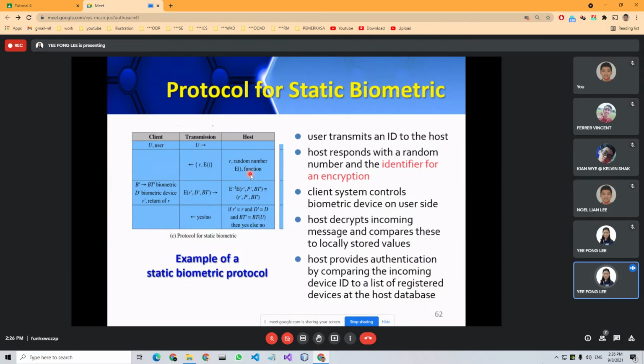So user authentication using a dynamic biometric. The principal difference from static biometric is that the host might provide a random sequence as well as the random number.